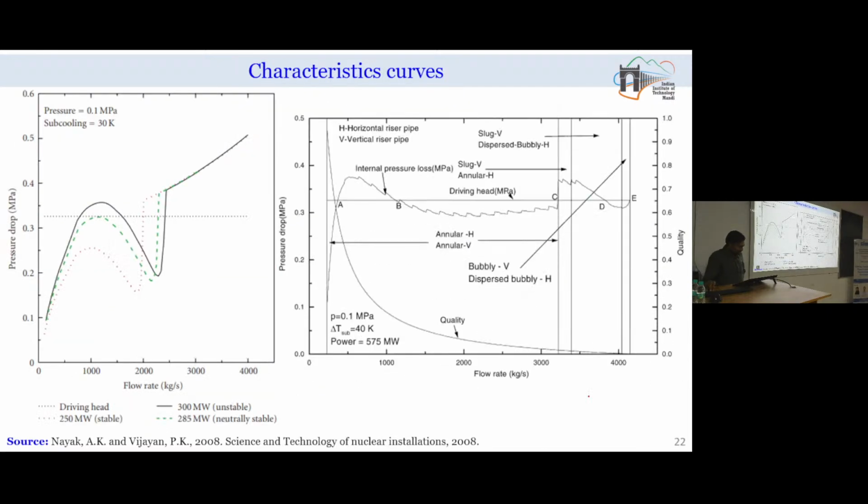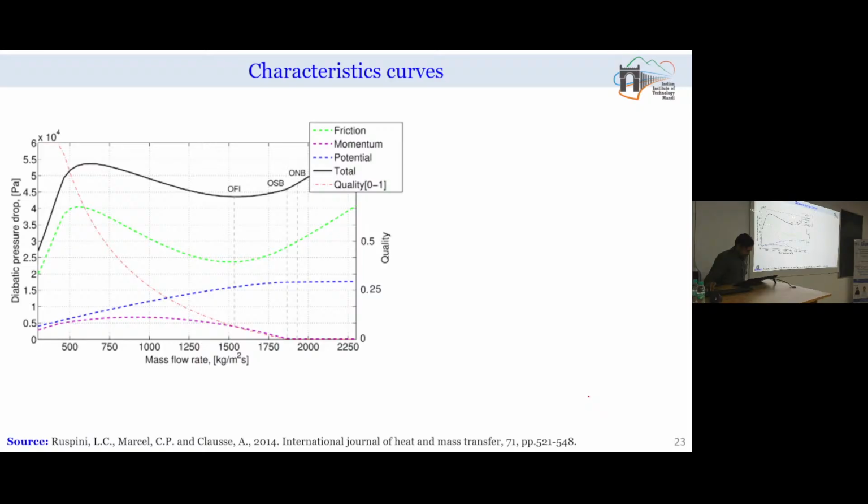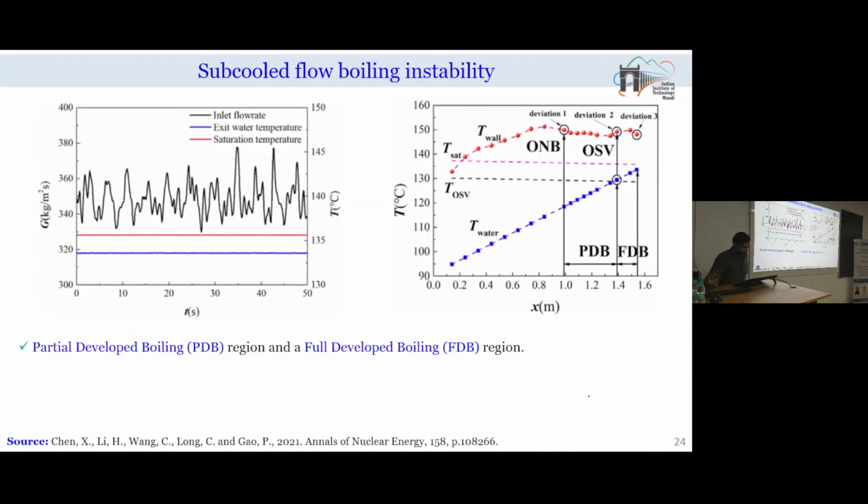Of course, these are some of the characteristic curves which we will skip. Let us now try to see subcooled flow boiling instability. What is the meaning of subcooled flow boiling instability? Again I will take a system identical to the one I explained earlier.